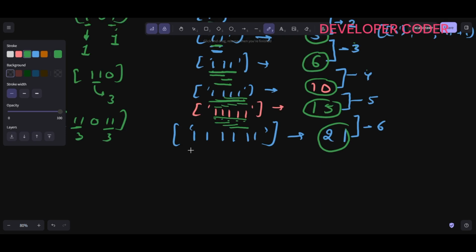So for 6 consecutive ones, what we are doing is just 1 plus 2 plus 3 plus 4 plus 5 plus 6, which is equal to 21.